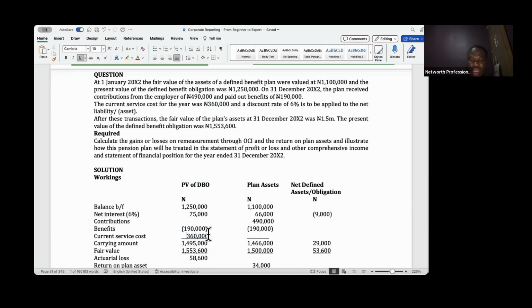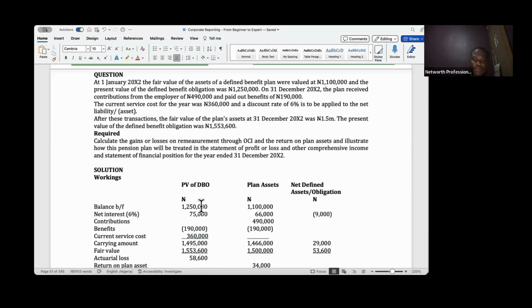That is why it's an addition under my defined benefit obligation. And they also give me at the end, the fair value of the plan assets at the end of the year was 1.5 million, and the obligation was 1,553,000. I will show you how to do this now.